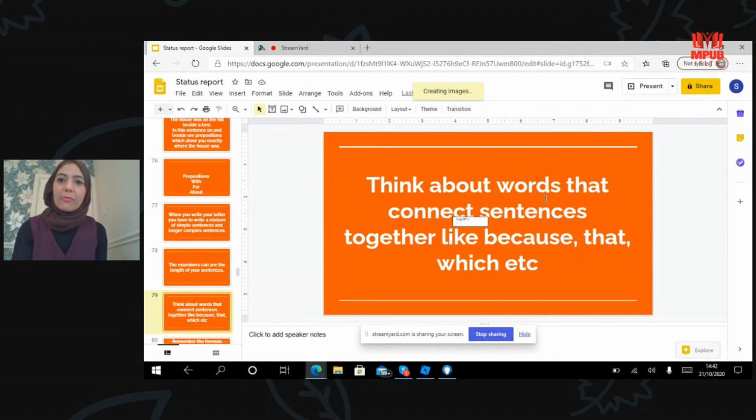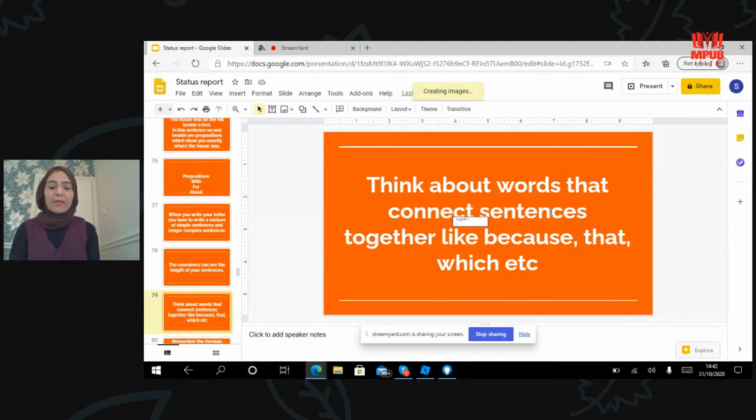Therefore, think about words that connect sentences. So you have these short sentences, and then you can connect them to another sentence by using simple words like because, that, which.